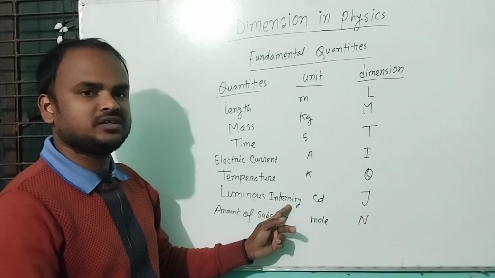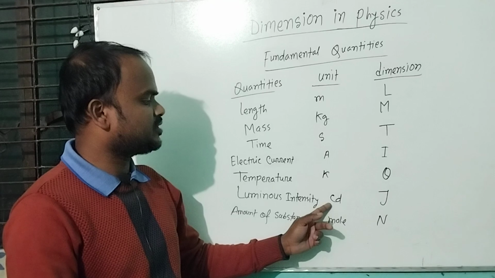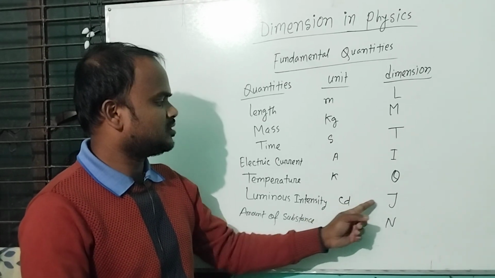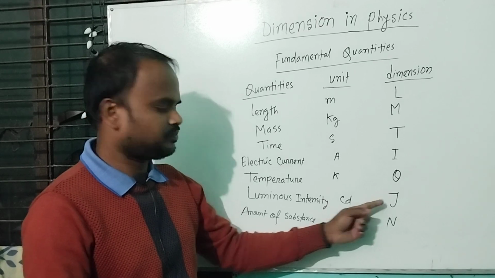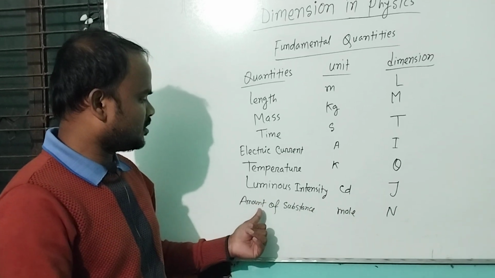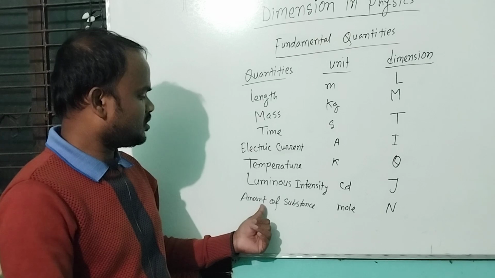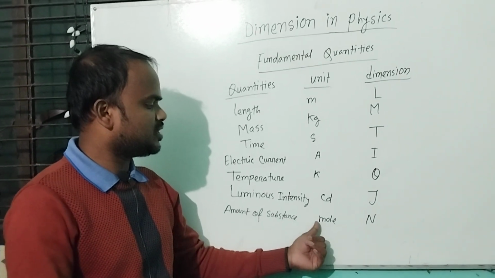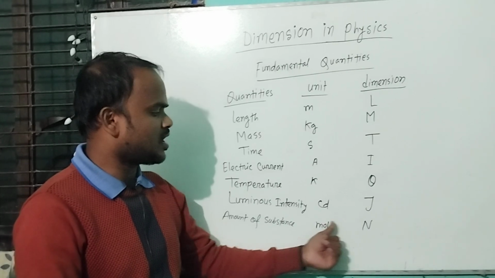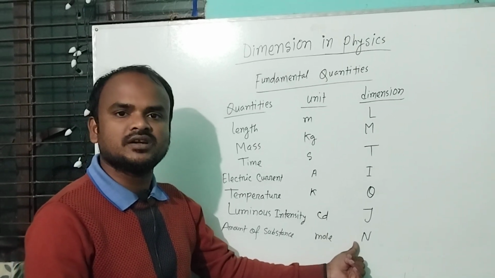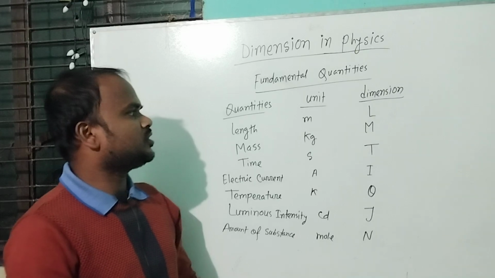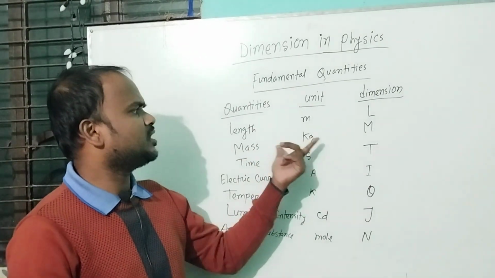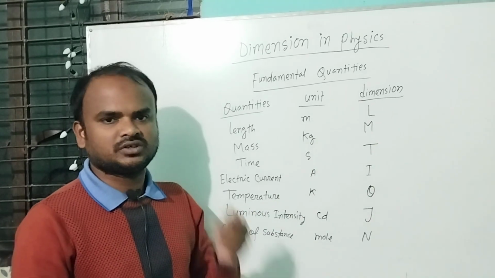Luminous intensity, unit CD, which comes from candela, and dimension J. And the last quantity, amount of substance, whose unit is mole and dimension is N. So these are the 7 quantities, their units and dimensions.